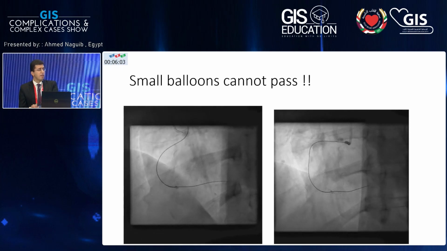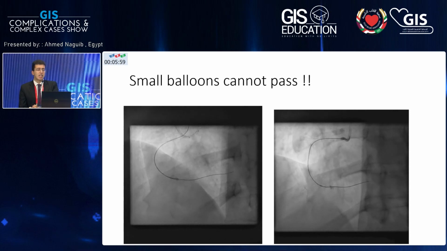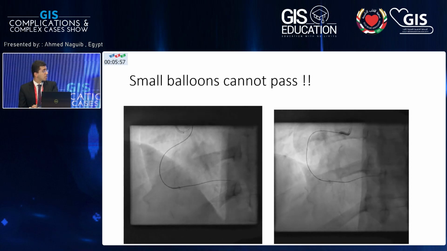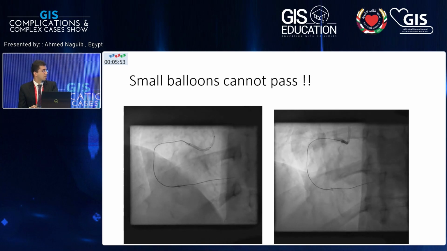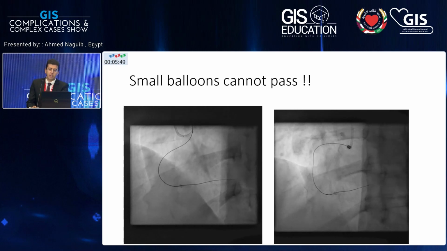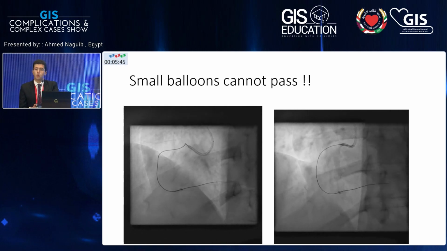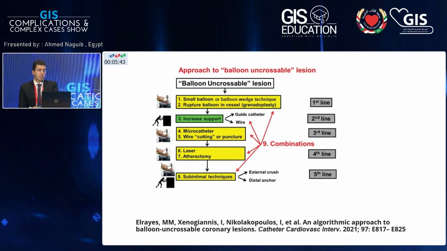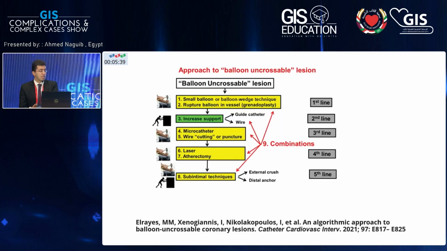At this time, we forgot something important: the stent is deployed at the RCA and PDA, and we put our wire in the posterolateral branch. This is a problem. So we took another microcatheter, Corsair Pro, also failed, and the small balloons cannot pass, so we are now dealing with a balloon-uncrossable lesion, and we need to increase the support.